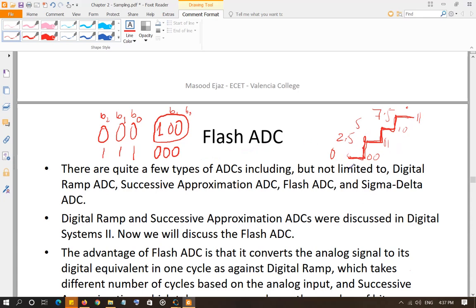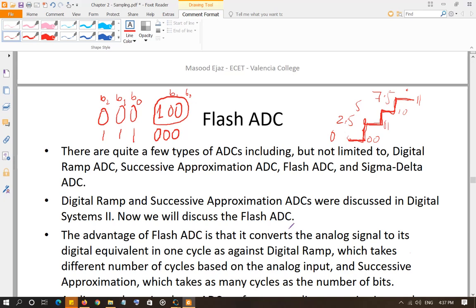But if you're using digital ramp and your input voltage is close to the first level, then it's going to take fewer cycles than successive approximation. But in general, with successive approximation, you already know how many cycles it's going to take. So these two you discussed in Digital 2.